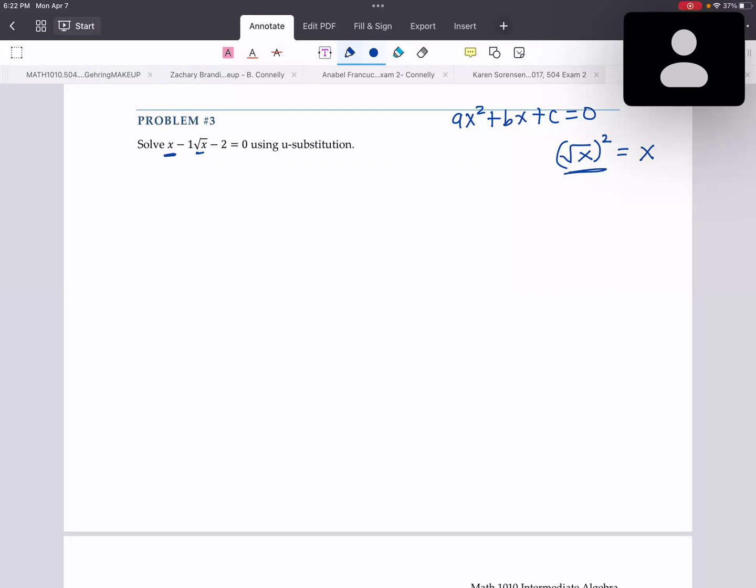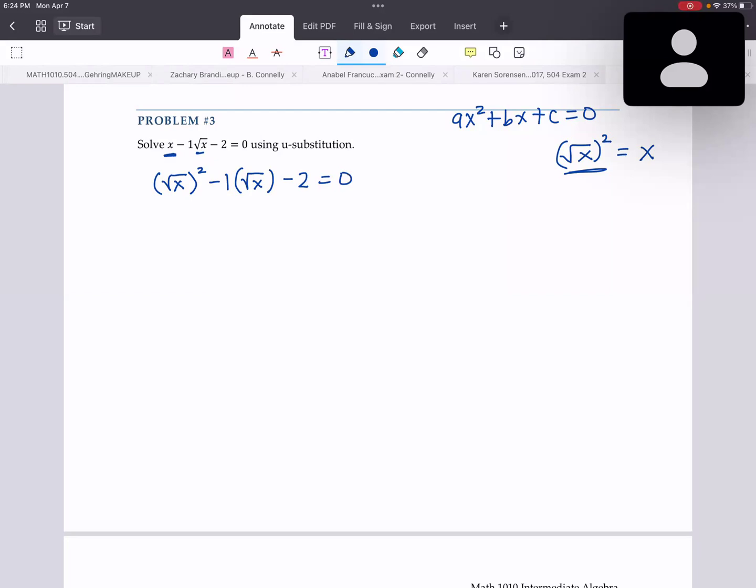So this is how I want to start off. The square root of x all squared is just x. So let's rewrite that as the square root of x all squared, and then minus 1, in parentheses, square root of x, and then minus 2 equals 0.